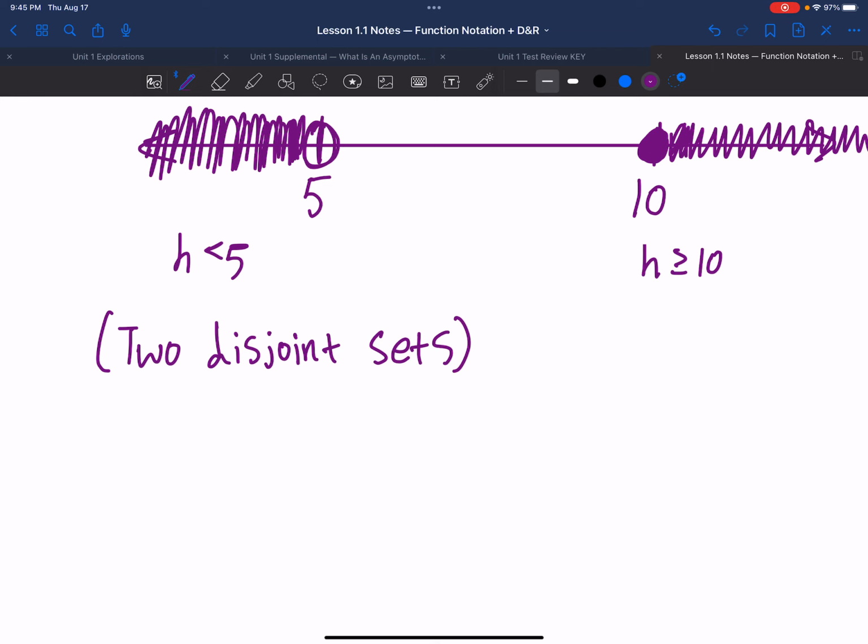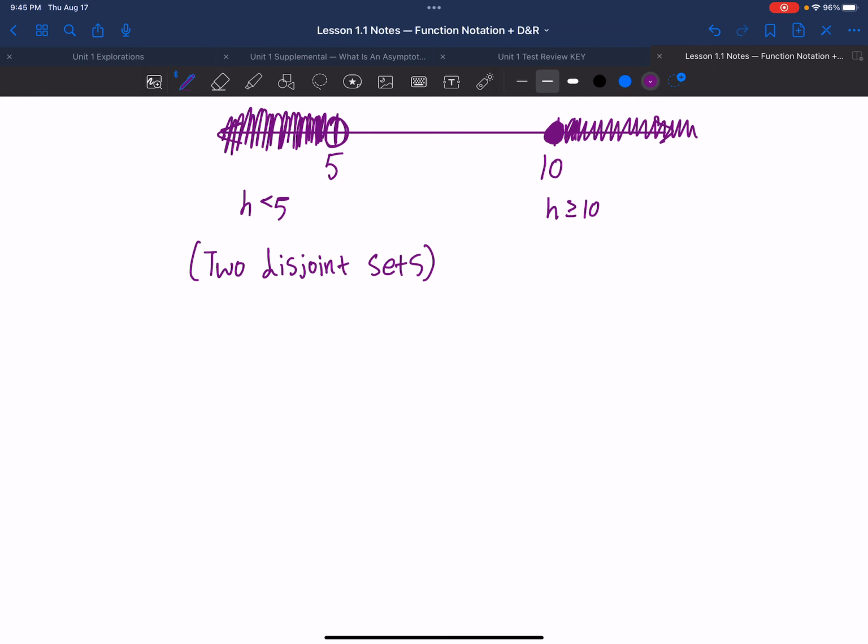Separate. They're separate sets. So in interval notation, we have two things going on here. The first set is h is less than 5. You see, h is less than 5 is the interval.